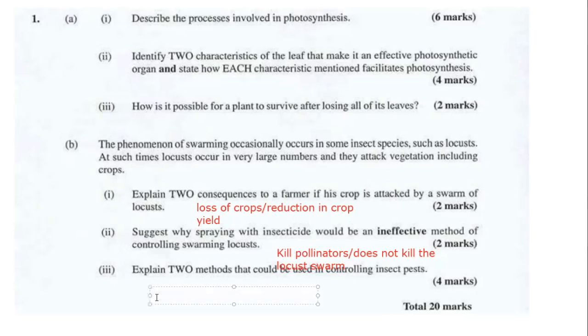Using greenhouses. All right, so a natural predator for the pests, not bad. Finding the larvae, not bad.